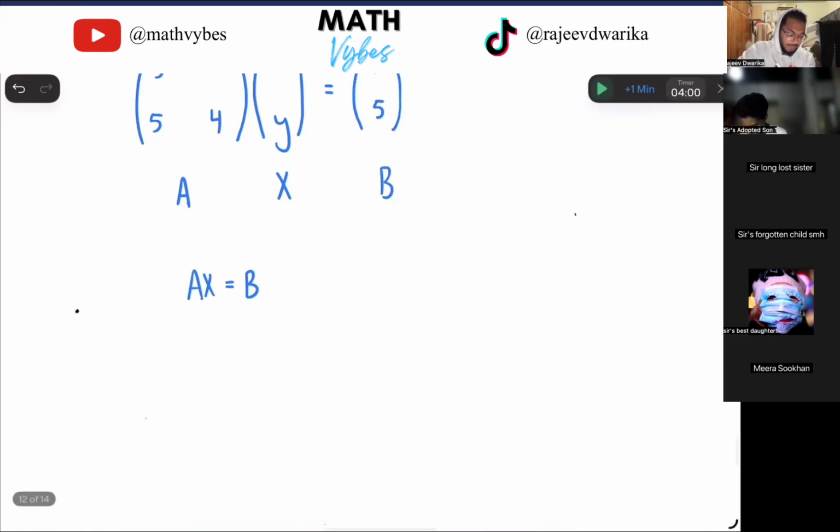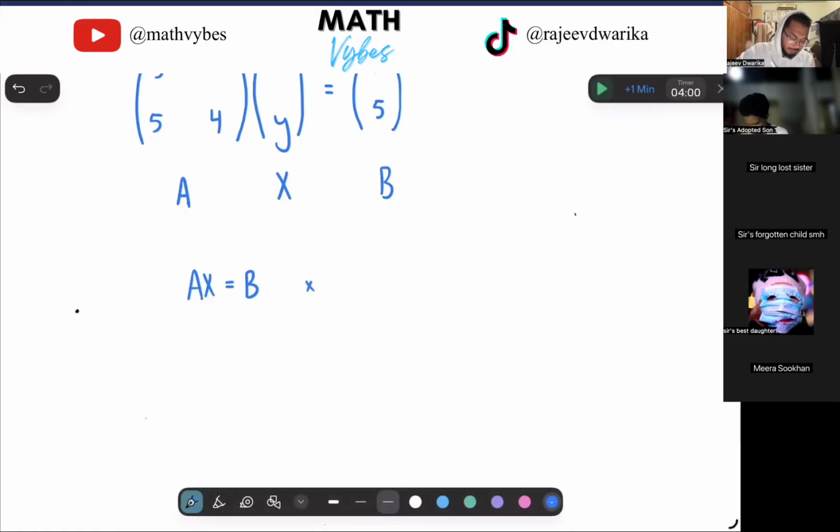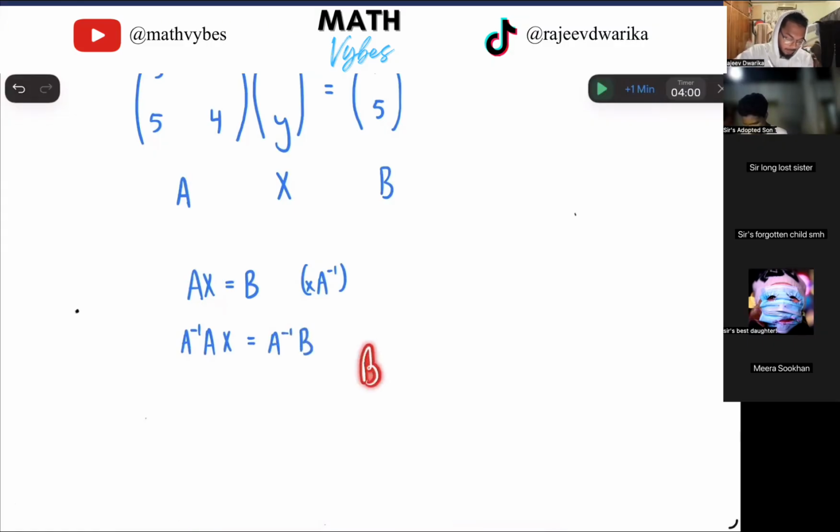If you want to get rid of A, you're going to multiply by A inverse on both sides. So I'll end up with A inverse by AX is equal to what? A inverse B. Yeah, A inverse by B. The order matters. If you write B by A inverse, I'll be wrong.